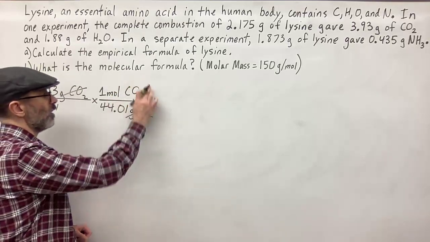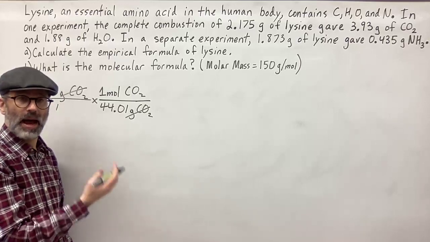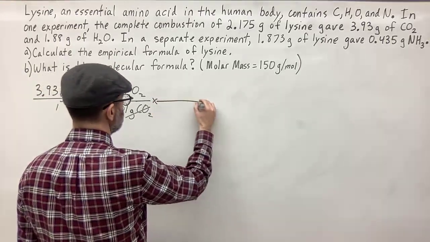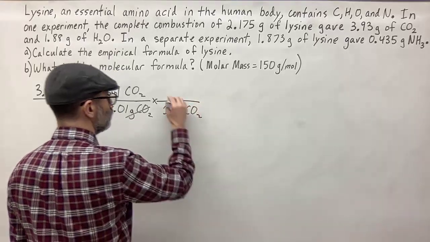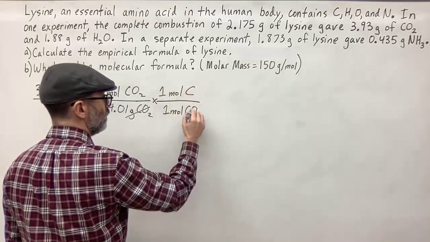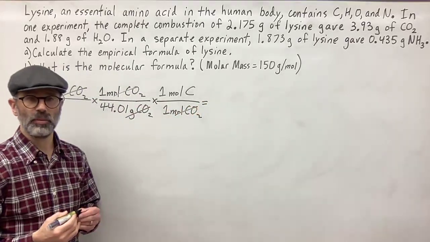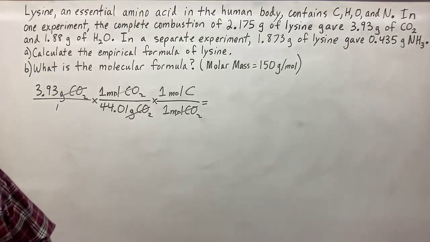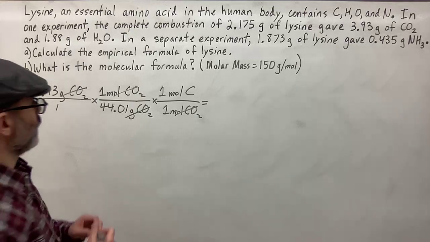For every 1 molecule of CO2, I get 1 atom of carbon, so it's a 1-to-1 ratio. That means 1 mole of CO2 gives me 1 mole of carbon, so moles of CO2 cancel out. I can calculate the moles of carbon that came from the original sample, and I get 0.08929.